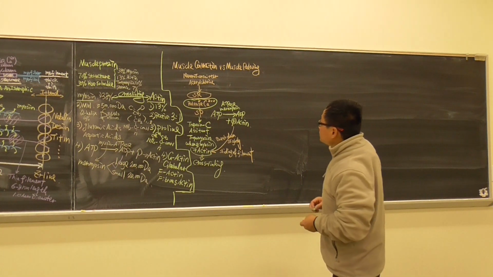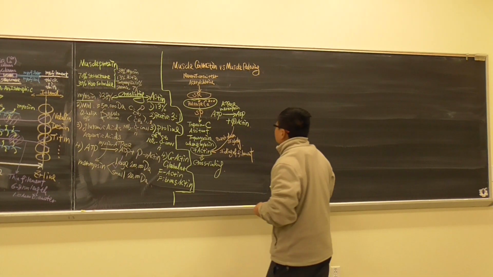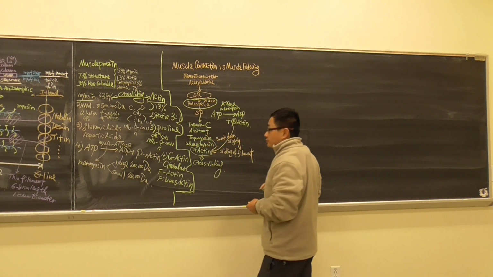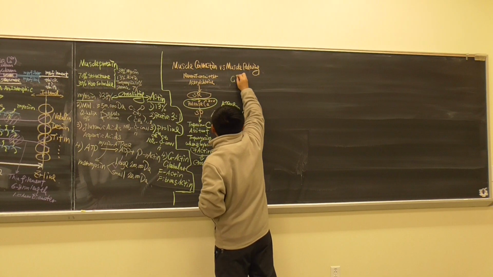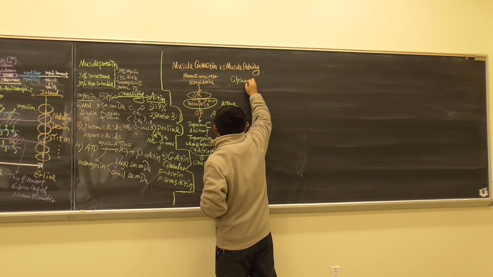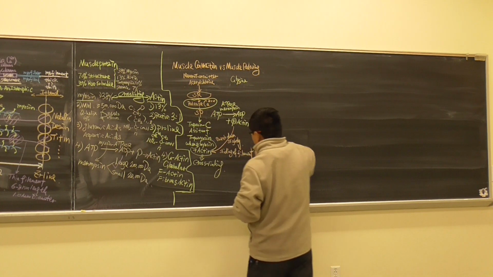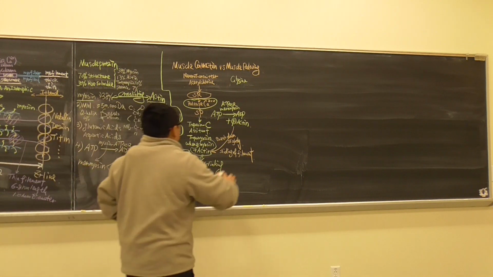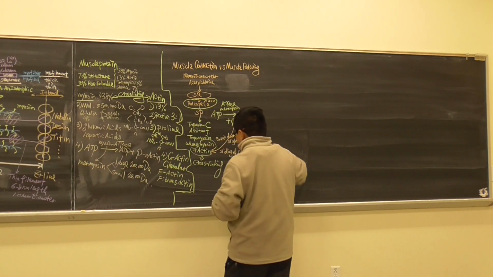Now, in the opposite direction, we want to talk about the muscle relaxing. At this moment, there are two theories. One theory said glycine will have some impact, but our textbook did not mention that, so we don't talk about it.